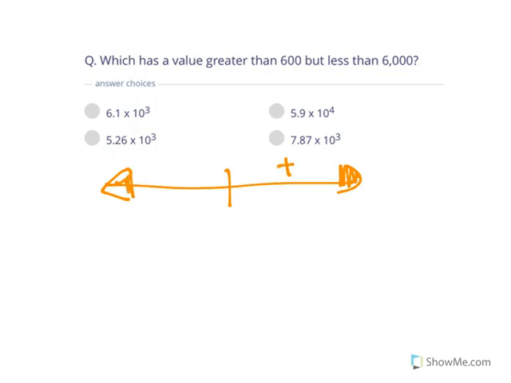The numbers less than are negative. So if our exponent is positive, we move to the right. If our exponent is negative, we move to the left. So I have 6.1, and I'm going to go to the right 3 places.